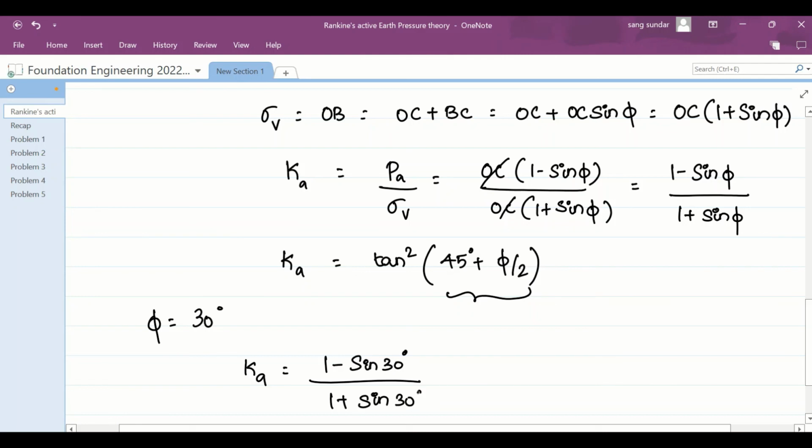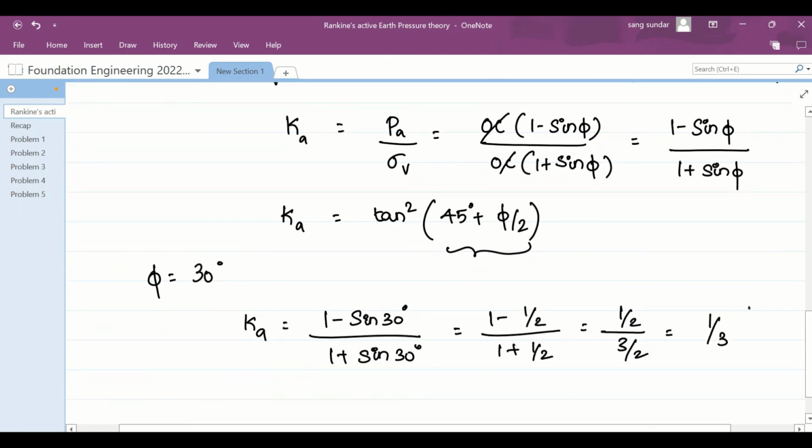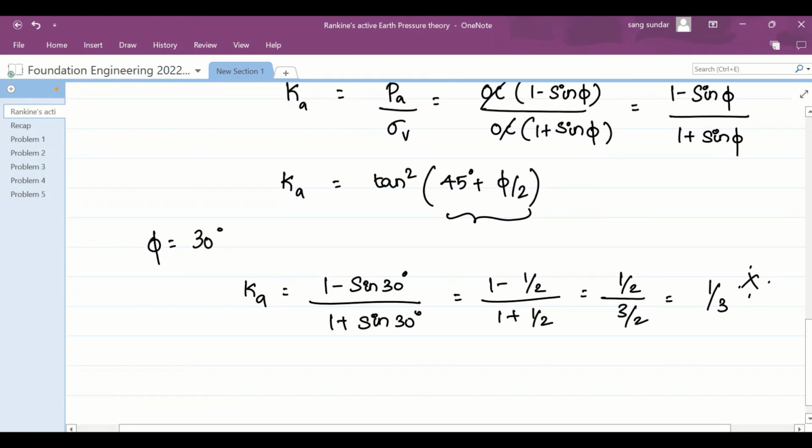We know that sine 30 is 1 by 2, right? So 1 minus 1 by 2 divided by 1 plus 1 by 2, which is 1 by 2 by 3 by 2, gives you Ka value as 1 by 3. This is quite commonly used. Just remember. That's it.